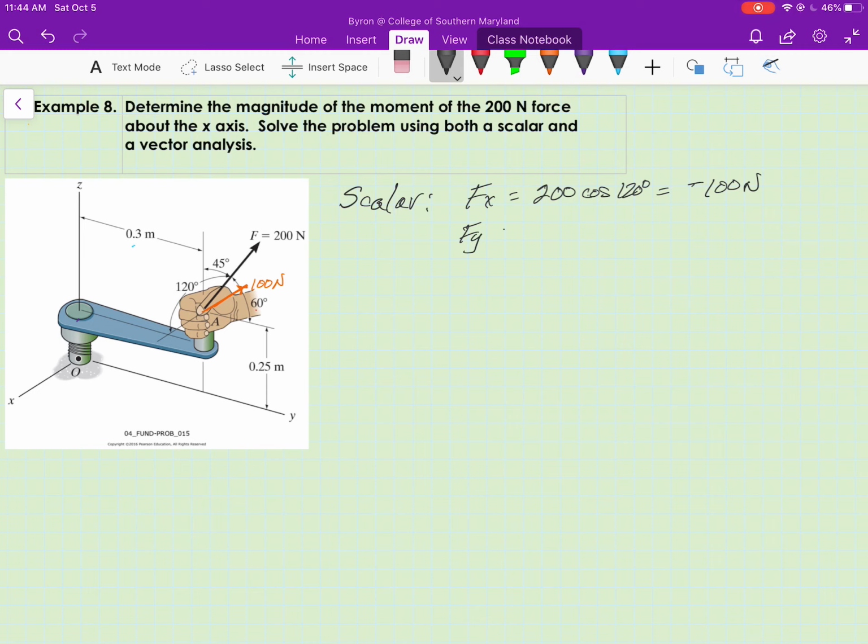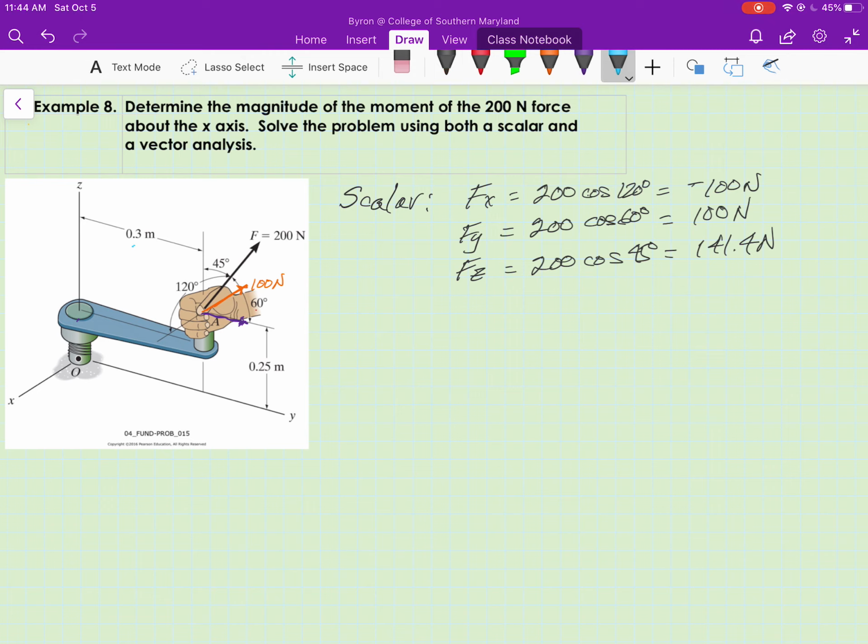The y component is 200 times cosine 60 degrees, equals 100 newtons. So the y component acts along the positive y-axis, and F sub z equals 200 times cosine 45, which equals 141.4 newtons.